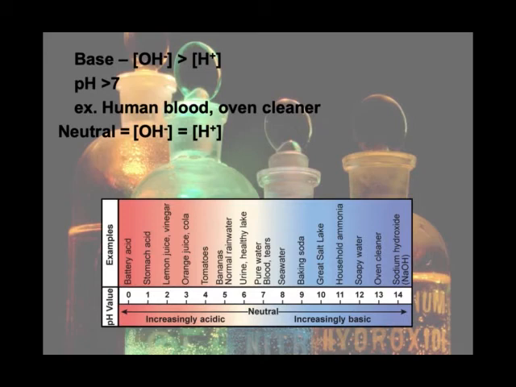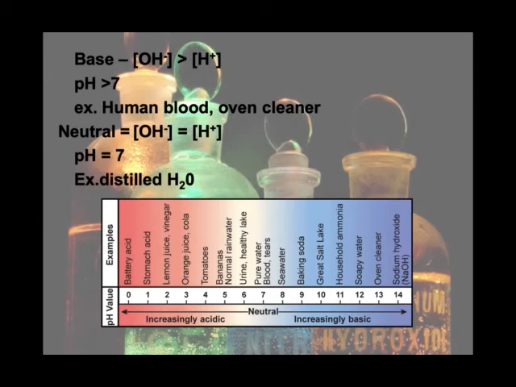The hydroxide and hydrogen ion concentrations will be exactly the same. And neutral is a pH of 7. So distilled water, I just described how that process is done, is considered a neutral solution.